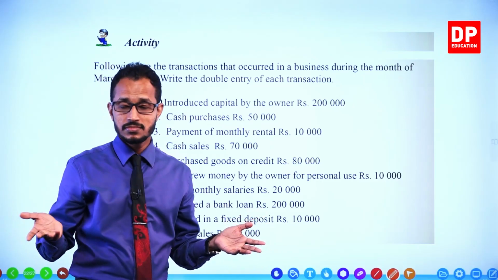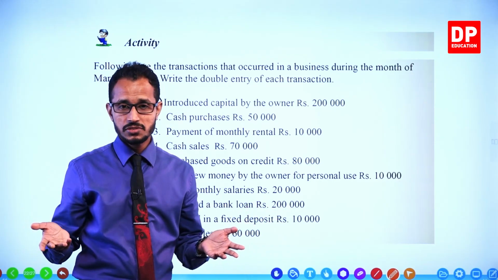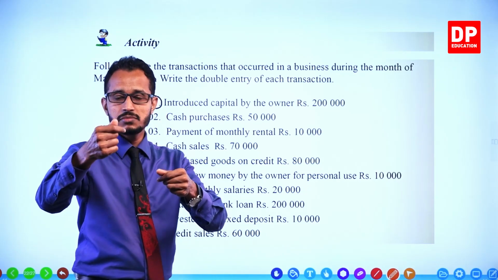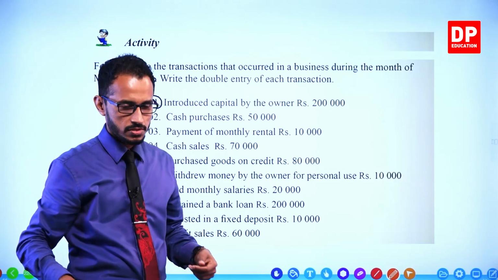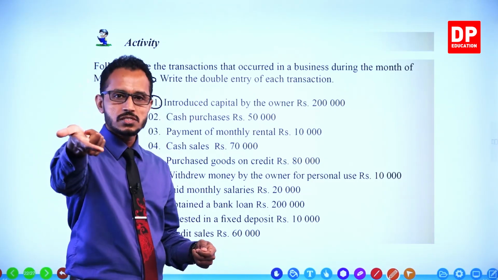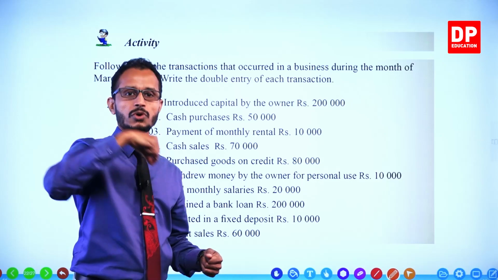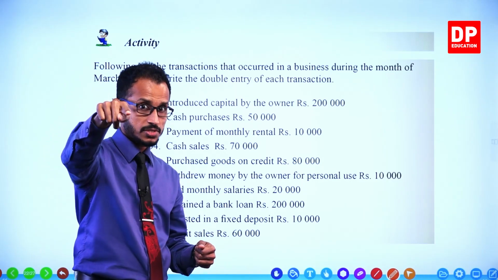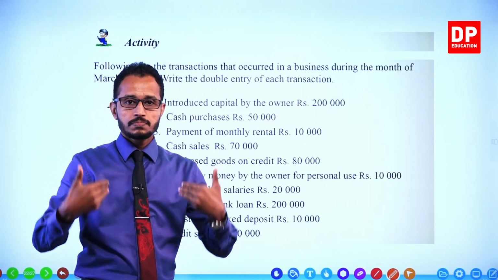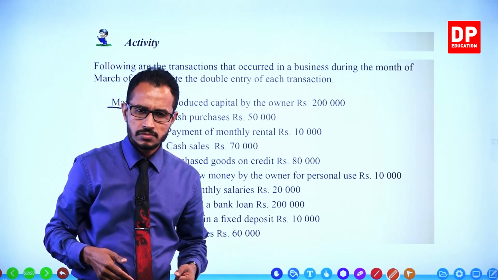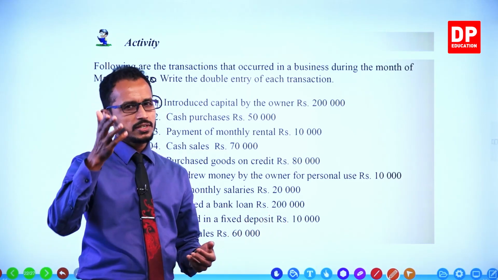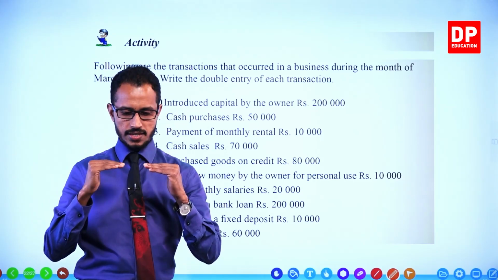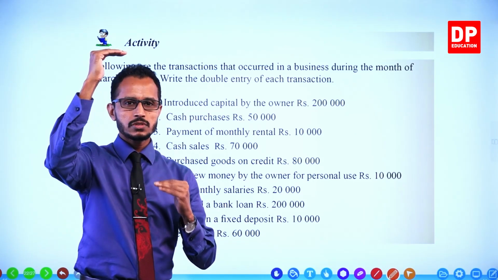Which account should be debited then? Look at the transaction. Which asset increased? Cash, because cash is the asset which came into the business, from my pocket to your hand. You are the business. I'm the owner. You got cash. So in your business, cash increased by 200,000.